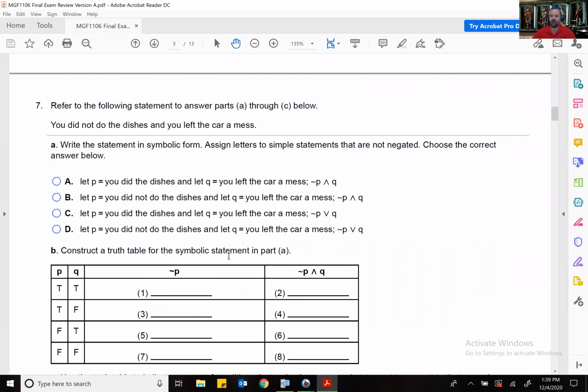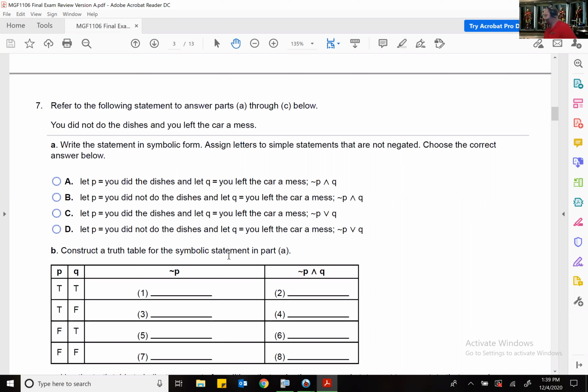Number 7, yay, truth tables. So the first thing we got to do is tell us what it is in symbolic form. So we got the statement that says, you did not do the dishes. Shame on you. And you left the car a mess.